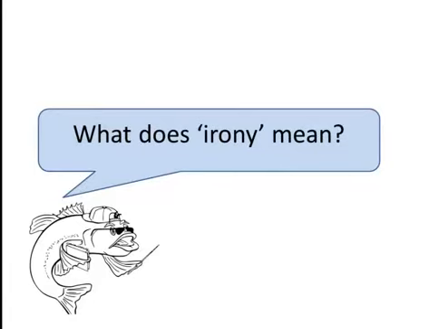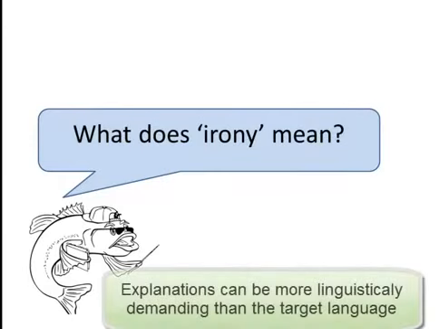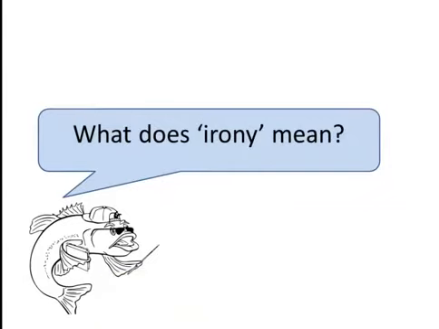So the problem with this often is that it's more difficult to explain a word than the word actually is. This is particularly true at low levels where learners don't have a lot of language to explain with. So it's linguistically more difficult to explain the meaning. So that's a problem. So that's not a helpful question.